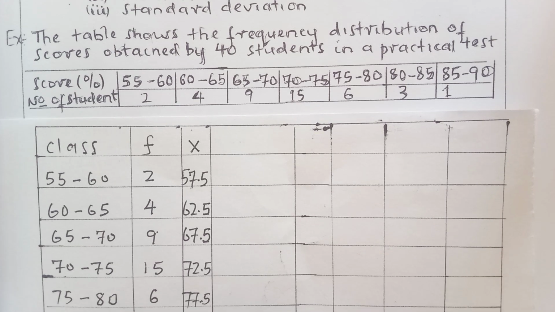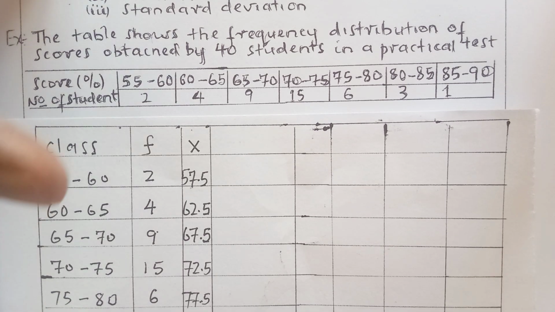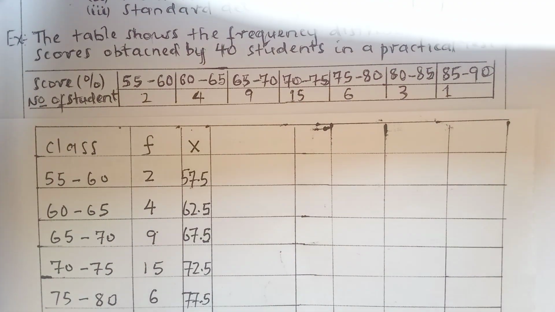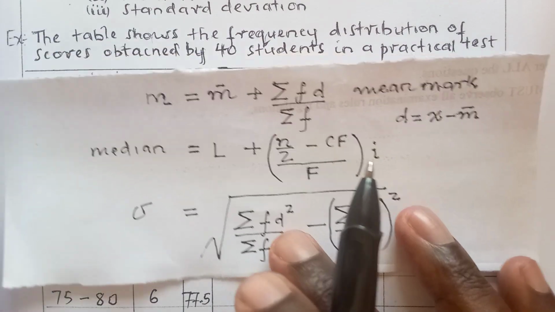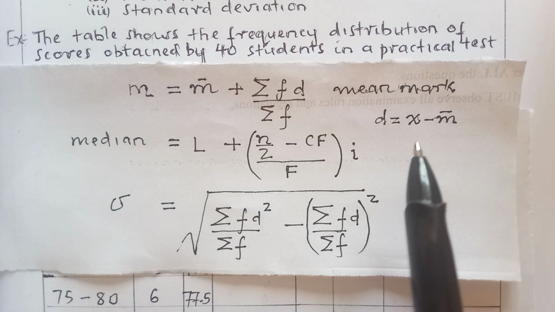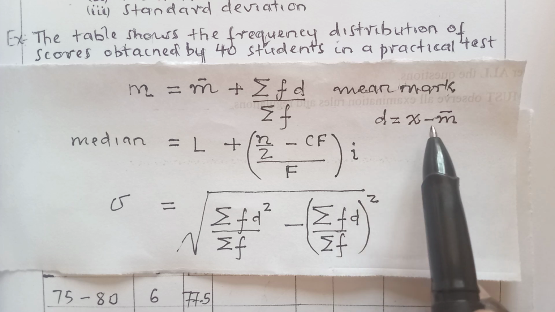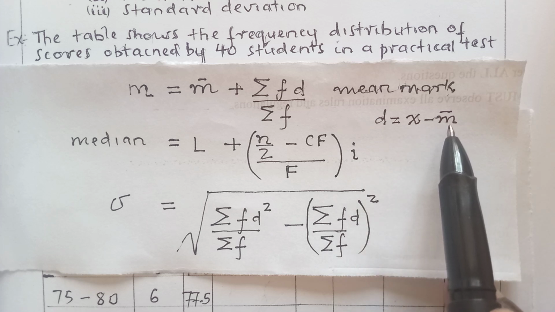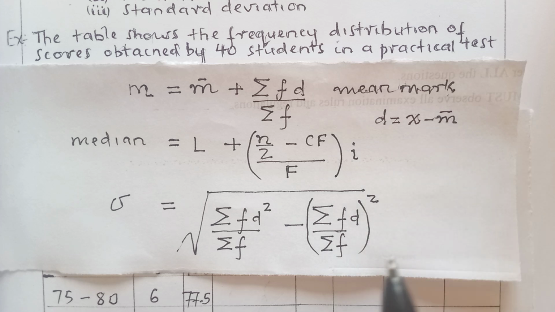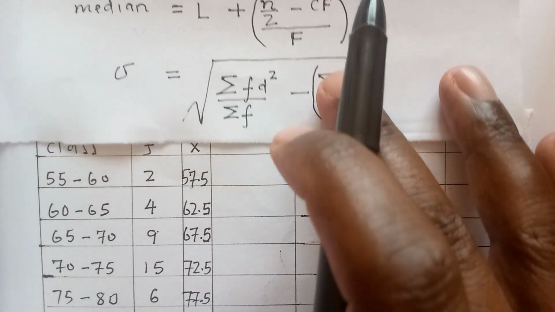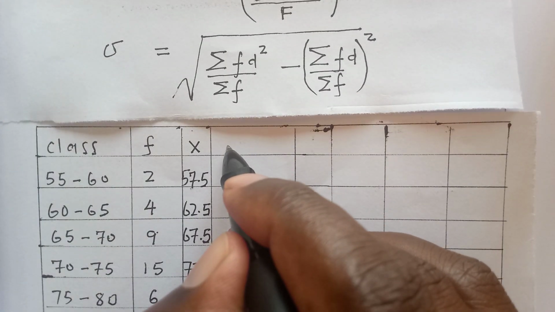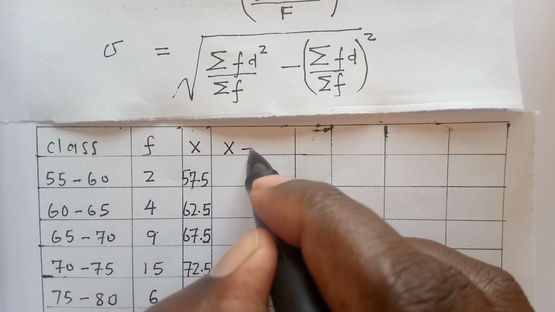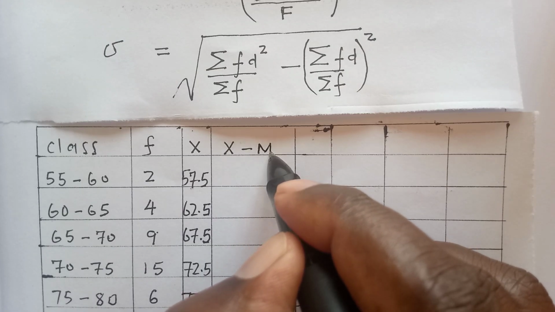And then for the next one, we check on the paper we had written our equation. Here we want to have a column with D, that is X minus M prime, which is our assumed mean. So we write here X minus assumed mean.